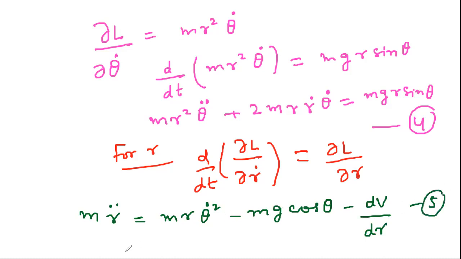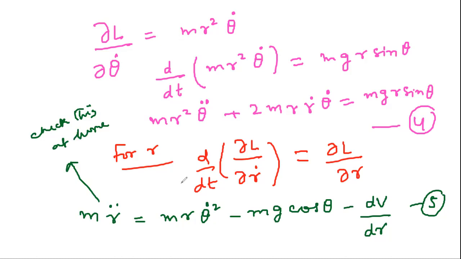So you have a home assignment here. Check this at home. Take the Lagrangian, find dou L by dou r dot, find dou L by dou r, then use the Euler-Lagrange equation d by dt of dou L by dou r dot is equal to dou L by dou r.